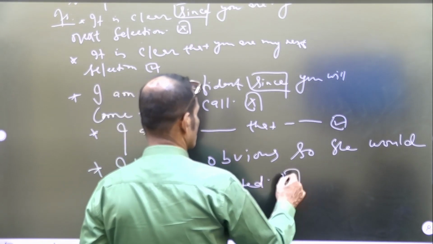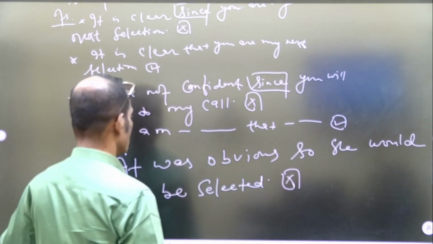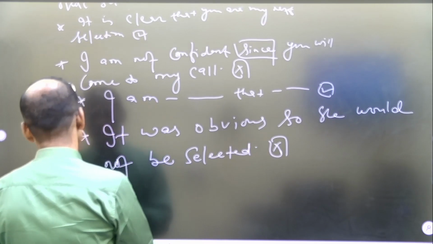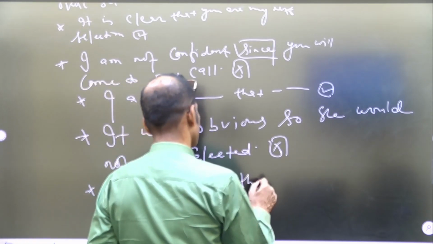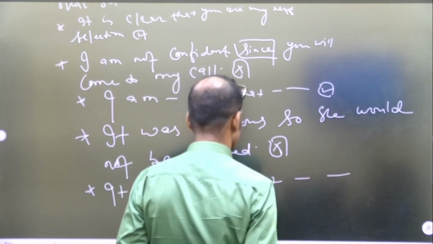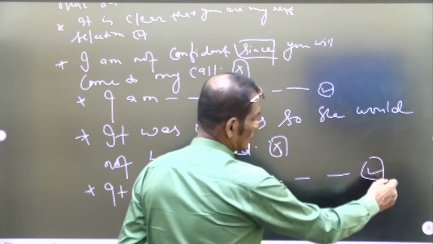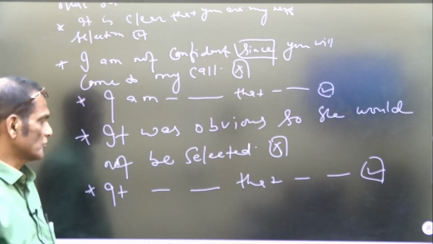This one is incorrect. Actually here it should be: it was obvious that she would not be selected. So dear, I think you might have understood.